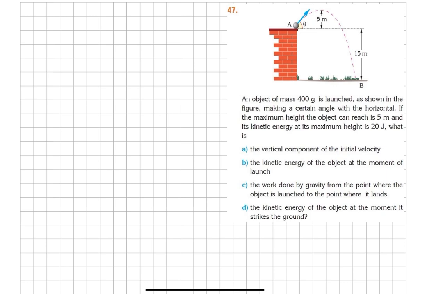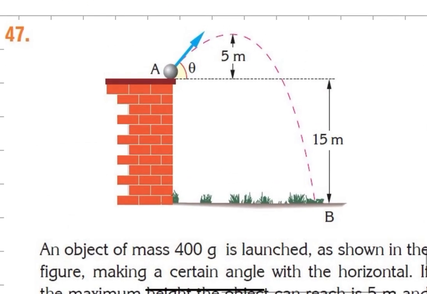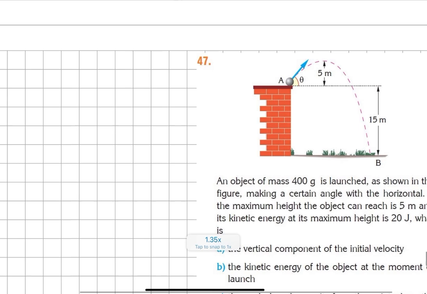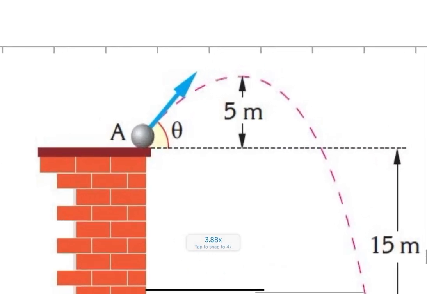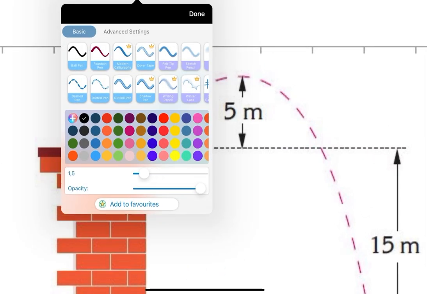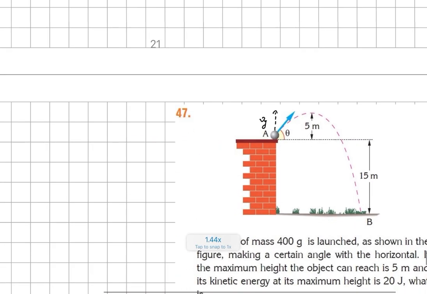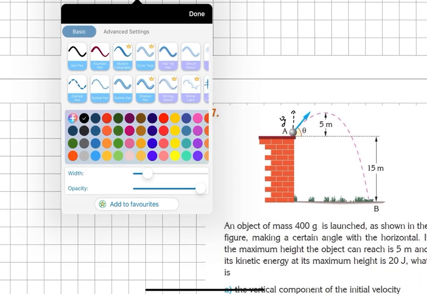So to solve this question, we have to apply the kinematics equations, or the one-dimensional motion equations. The first question is to find the vertical component Vy, and we can solve it by using these equations.